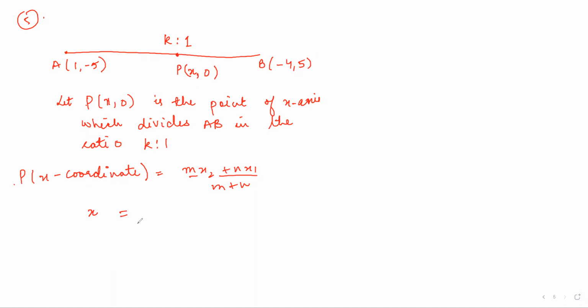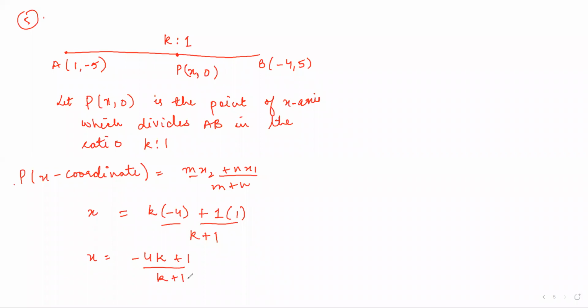Now m is k, so k into minus 4 plus 1 into 1, divided by k plus 1. Got it? Okay. Now x is equal to (minus 4k plus 1) divided by (k plus 1).